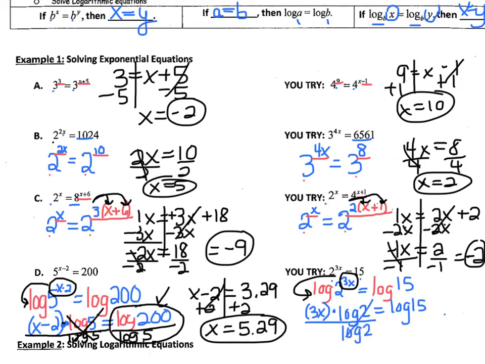It'll cross out. Divide the other side by log 2. And so we have 3x equals, if you type all that in, log 15 close the parenthesis divided by log 2, you get 3.9. So when you divide it by 3, you get x equals 1.3.